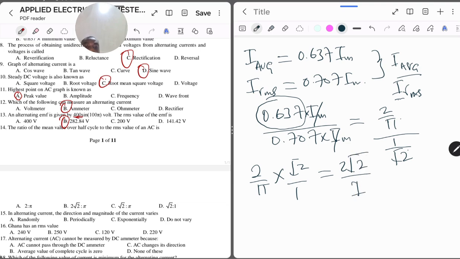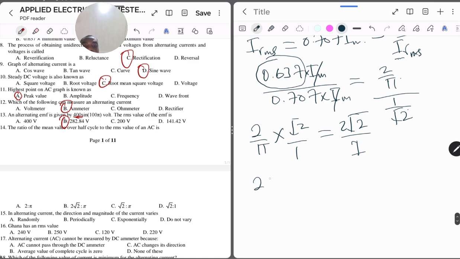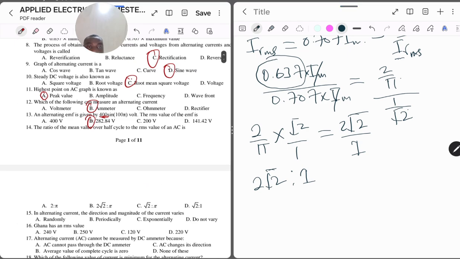So the answer in terms of ratio now will be 2 times square root of 2 is to 1. No, sorry, remember here is pi, you multiply by this, so you get pi. Oops, so here we have pi rather, so that we get this pi.